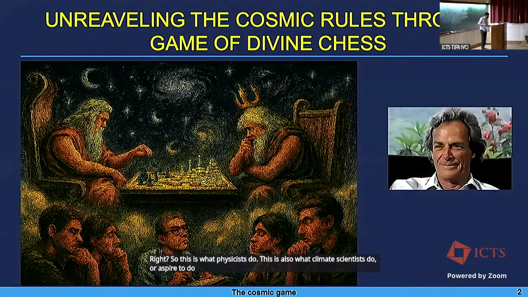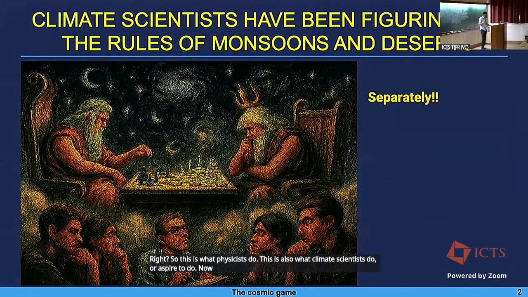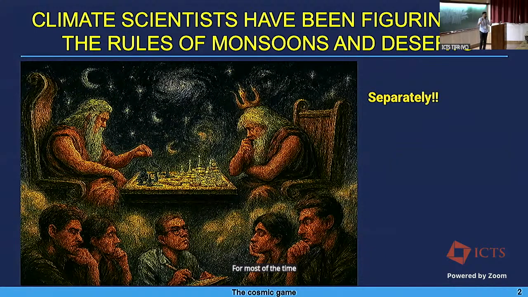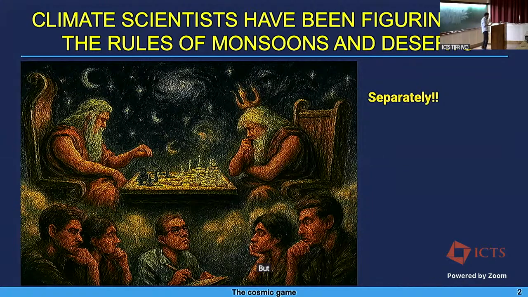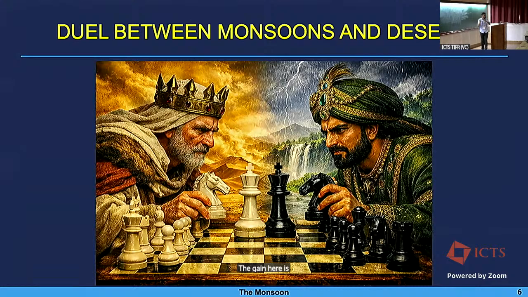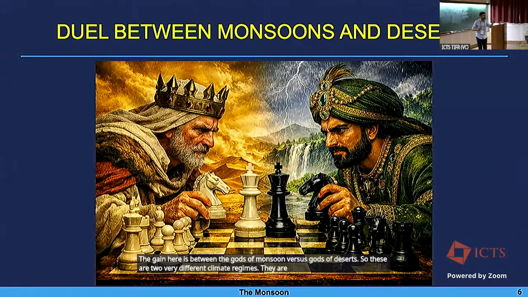Now, for most of the time, we have been trying to unravel the rules of monsoons and the rules of deserts in isolation from each other. But in my opinion, the game here is between the gods of monsoon versus the gods of deserts. These are two very different climate regimes, but they are playing by the same rules.